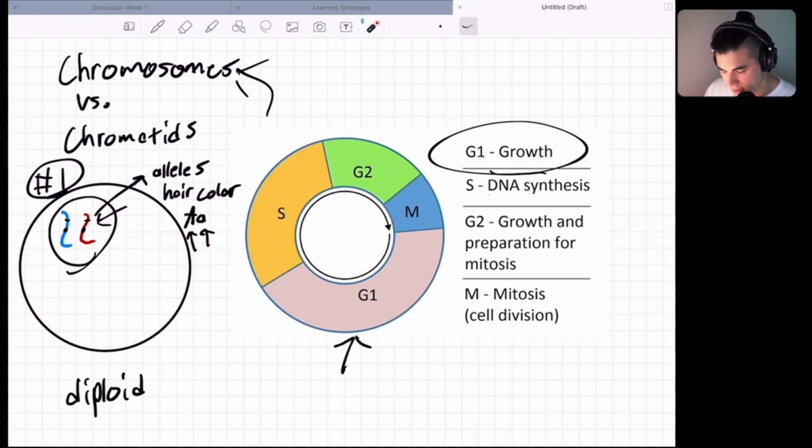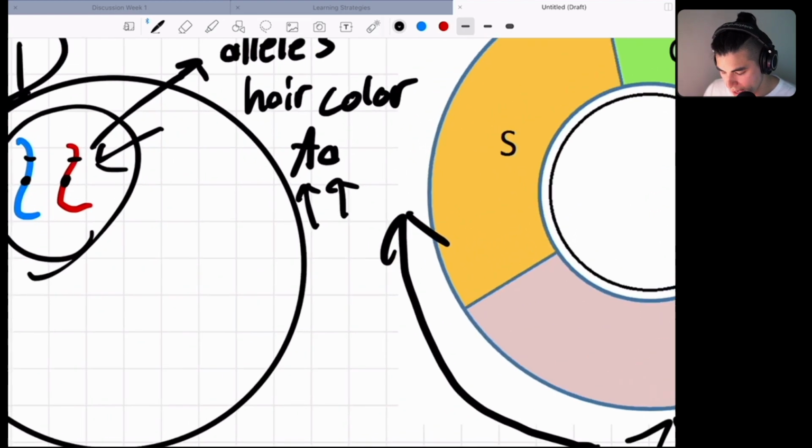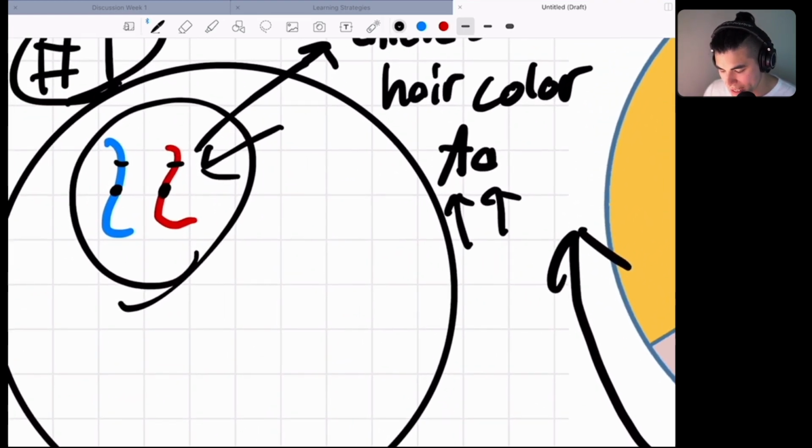Now, here's the thing. I want to copy this skin cell because I have to keep making skin cells. So as I go through this cycle, I'm going to go through the S phase, or DNA synthesis. What's going to happen in the S phase is that these 2 things have to get replicated.